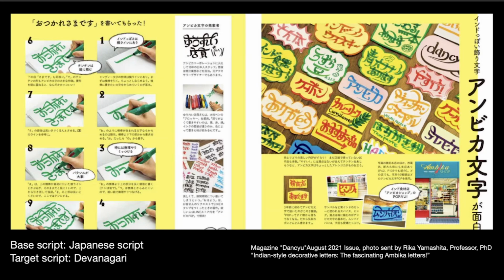This magazine is called Dance You, and in the August 2021 issue they did an interview, and they even showed a demonstration of how step by step the shop staff was writing it. It became a little bit famous. The title of the feature is "Indian Style Decorated Letters, the Fascinating Ambika Letters."